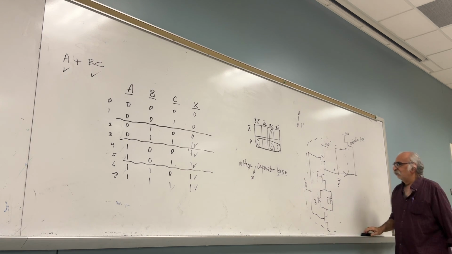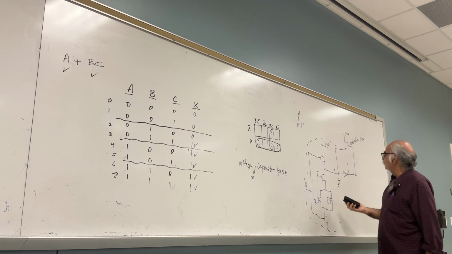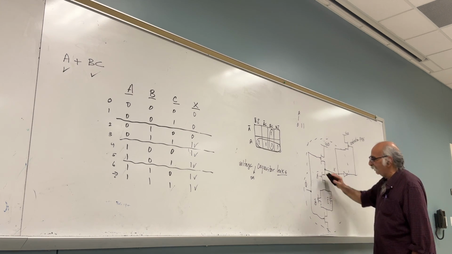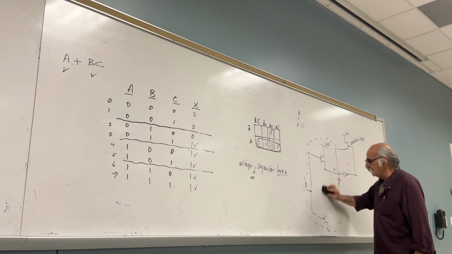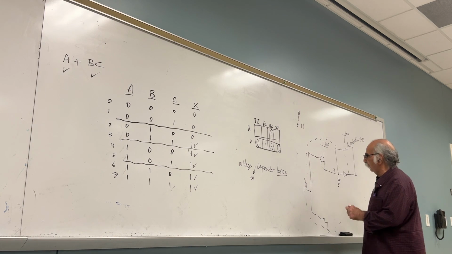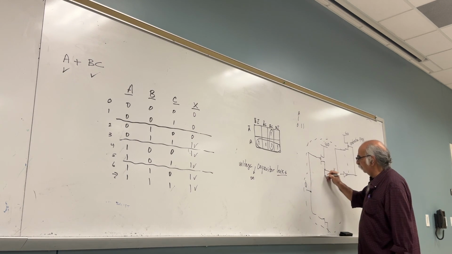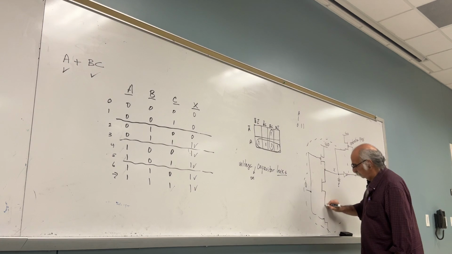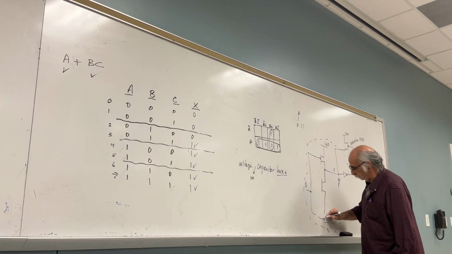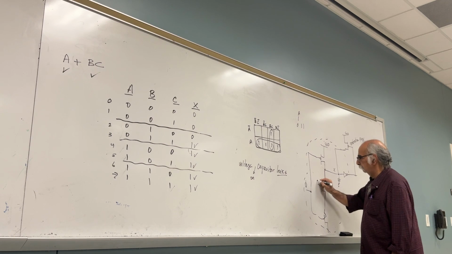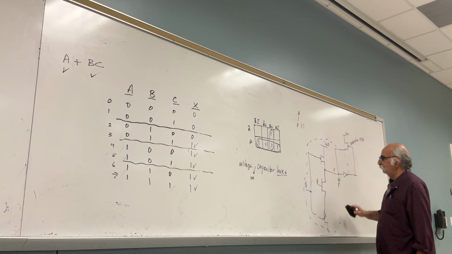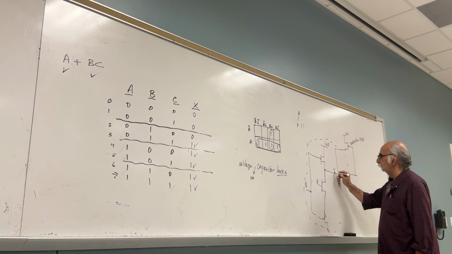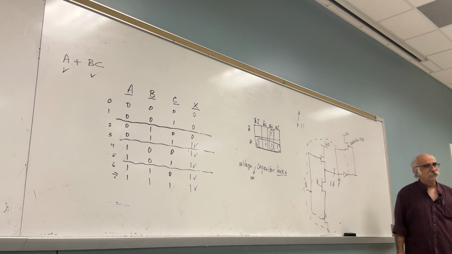Okay. Now, let's take the example just to make sure that you get the point clear. Let's assume that we are designing just an inverter. What is X equal to? A bar. Yes or no? Okay.